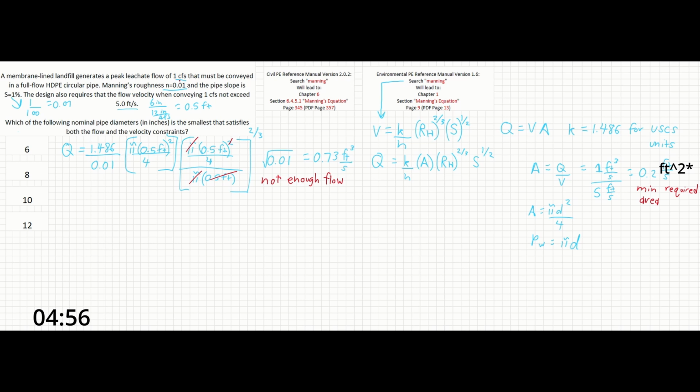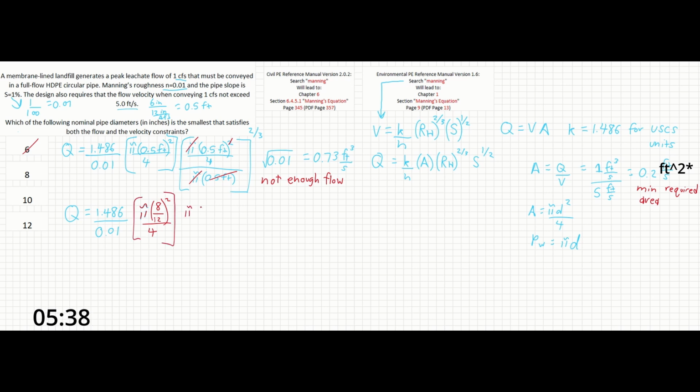So we will simply rewrite the Manning's equation again, swapping out the 6 inches for 8 inches. So Q is going to be equal again to 1.486 over our n of 0.01 times our area, which is equivalent to pi times 8 over 12 quantity squared divided by 4, times the hydraulic radius, aka the area over the wetted perimeter.